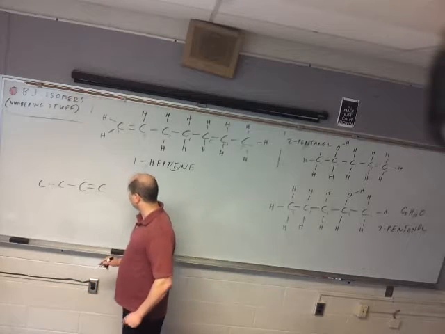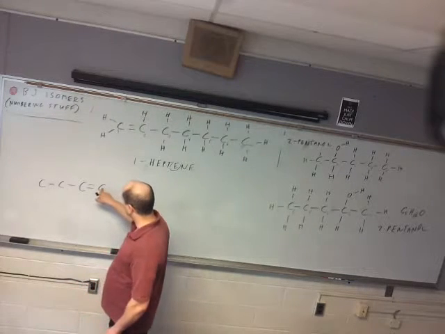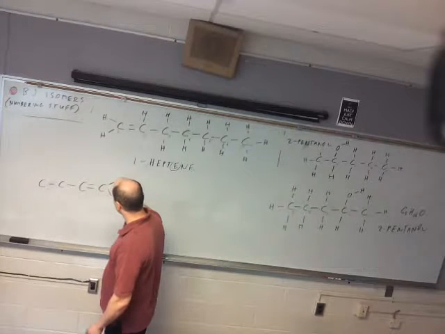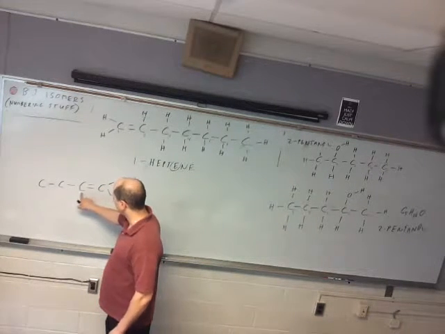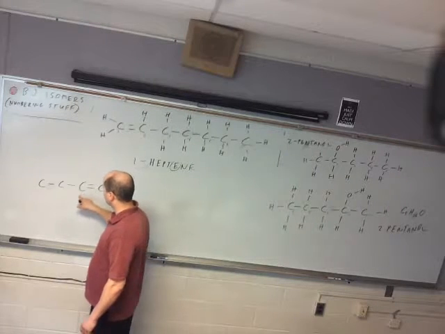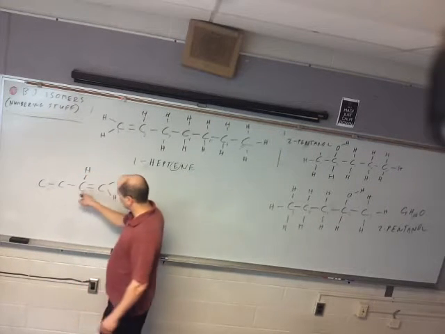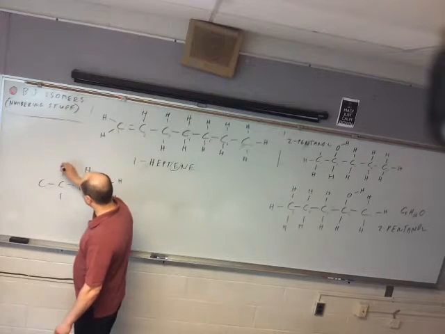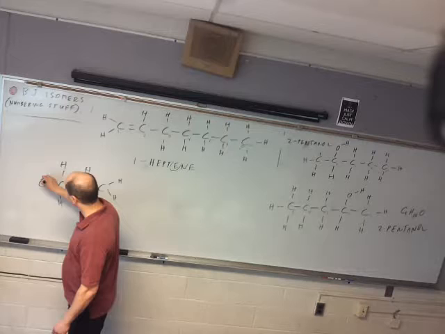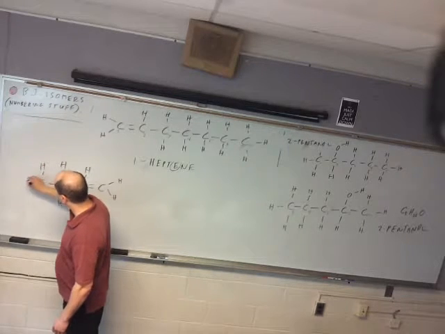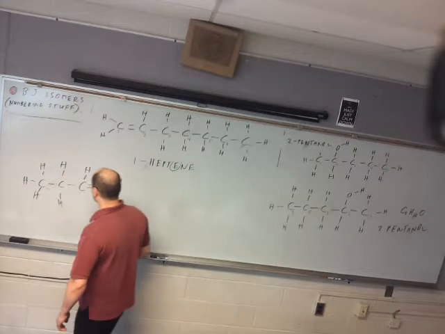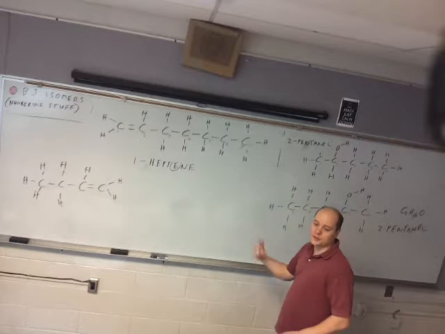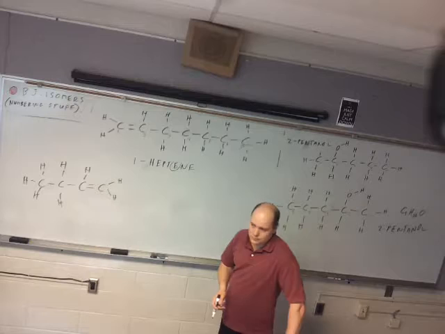Let's do this one. So first let's draw, how many hydrogens on this carbon? 2, right? How many on this carbon? 1. It's already got 3, right? So it gets 1. How many on this carbon? 2. How many on the last one? 3. Right. Okay, so what are we going to call this thing? Or where are we going to start numbering from? The right side, right?